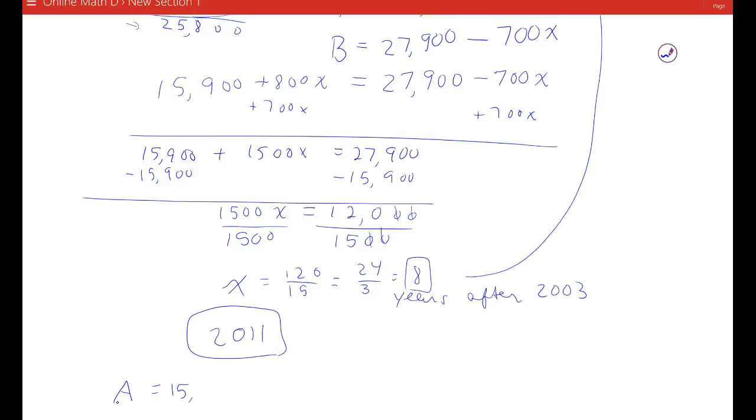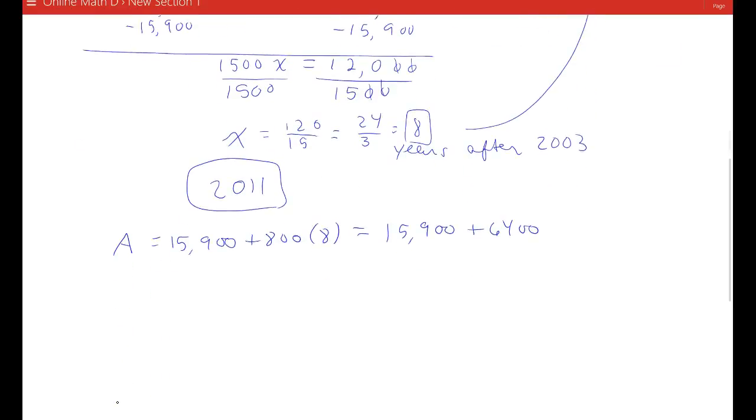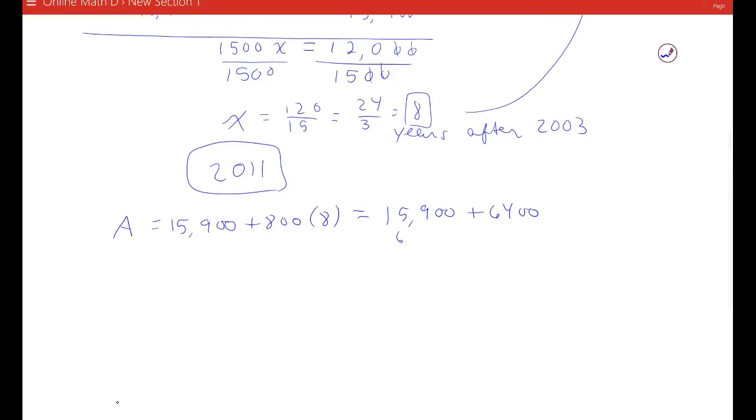So I can do the 15,900 plus 800 times 8 to see what that college's number will be. So that's 15,900 plus 6,400. And I'm not very good at horizontal adding, so I'm going to put it underneath here.